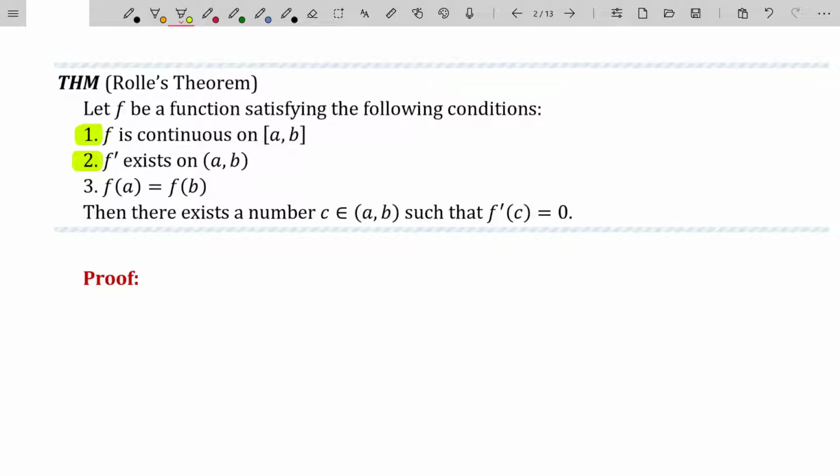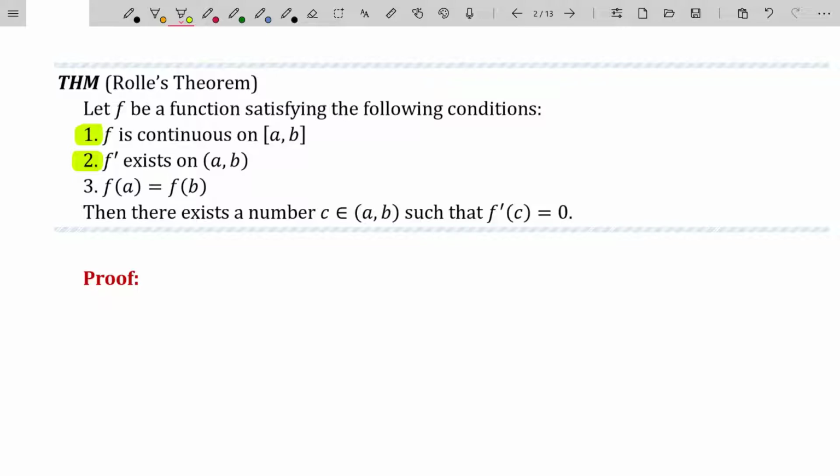However, differentiability on the open interval from a to b does not imply continuity at the endpoints. And so we need that extra little bit of power. We need it not only to be continuous on the open interval from a to b, but we also need it to be continuous at the endpoints. So it can't have a jump discontinuity at the endpoints or something like that. Okay, so that's critical for the proof.